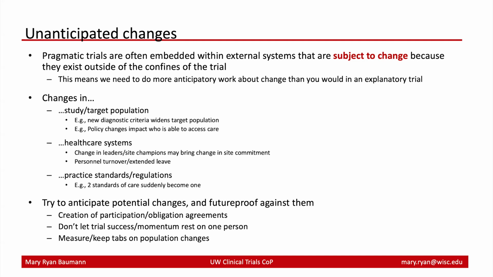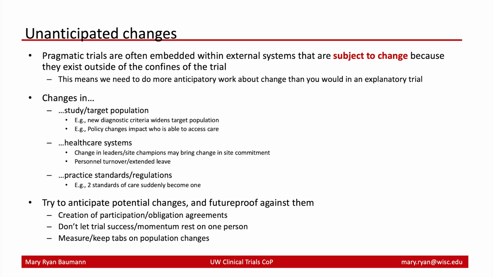How is that turnover going to impact how your trial runs? And you might have changes in practice standards or regulations. So this might happen when the two standards of care that you're comparing suddenly become one. One of the standards is suddenly elevated above another or dropped. What would you do at that point?